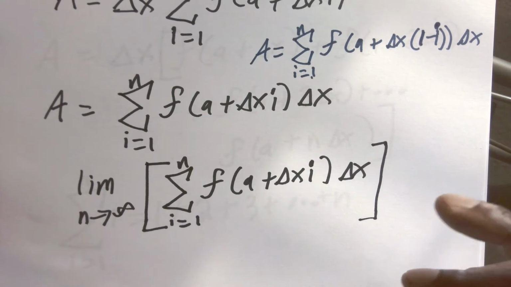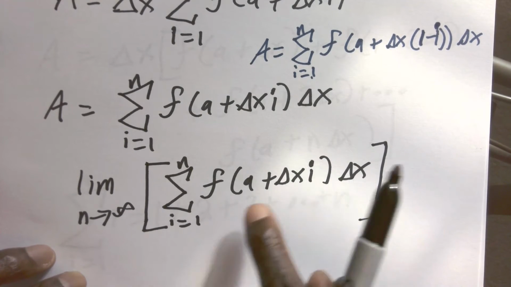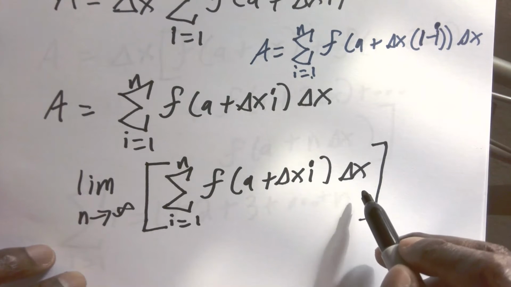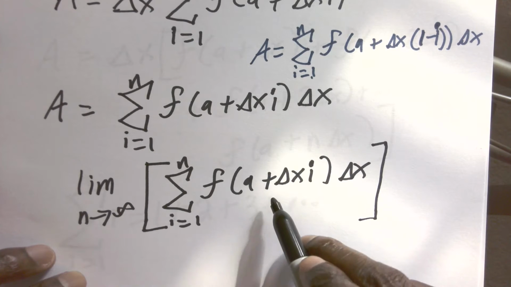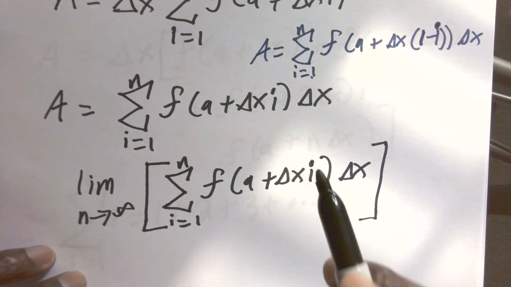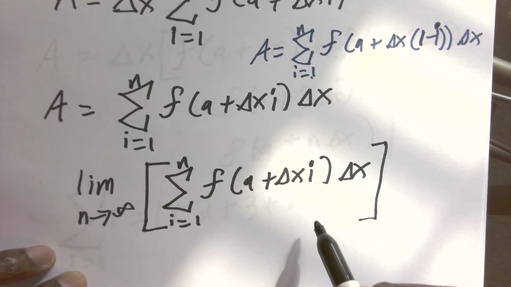And we'll look at it when we do the problem. So it'll just be a k instead of an i here and here. But you're going to have delta x and f of a plus delta x i. Not a plus f of delta x i, but f of a plus delta x i.